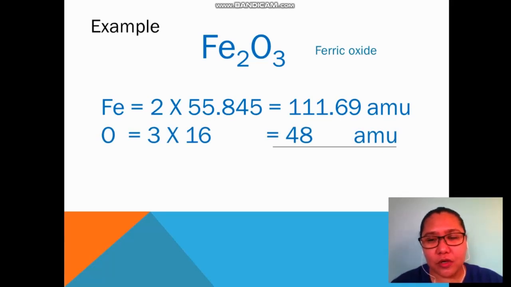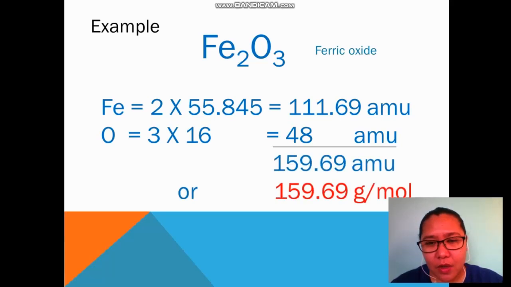Again, to get the molar mass of the compound, we add the molar mass of each of the elements involved. So 111.69 plus 48 would give us 159.69 grams per mole.